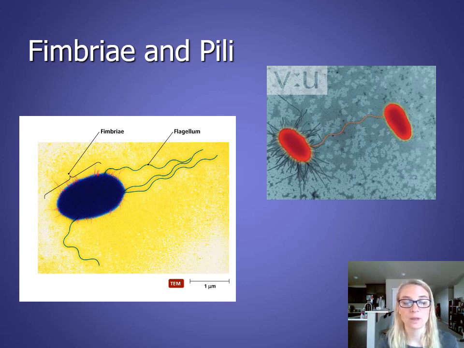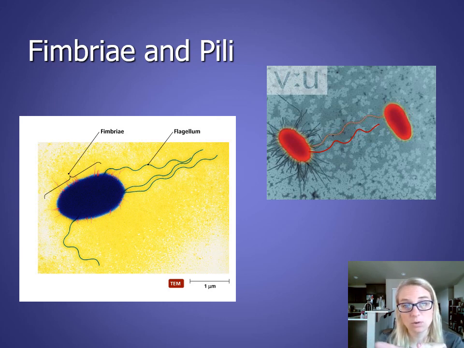The other structure is called a pilus, and we can see this little tube here. It is longer than the fimbriae and shorter than a flagellum, so lengthwise it fits in between those two. It usually functions in a process called bacterial conjugation. We'll see that in chapter 7. Bacterial conjugation is when two bacteria of the same generation, not a parent and an offspring, come in close proximity to each other.